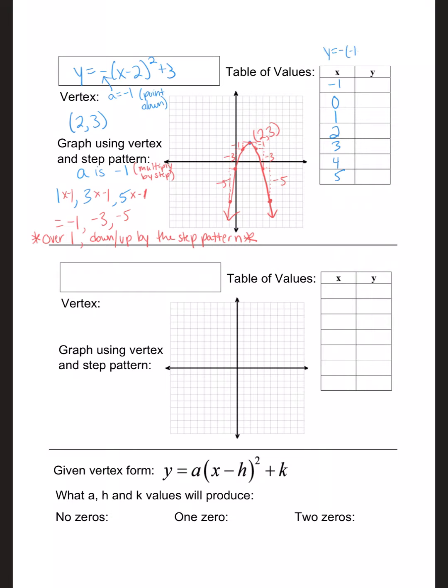So -1 minus 2 squared plus 3. Well, a -1 minus 2 is a -3. -3 squared is 9. Okay, and 9 with a minus on it plus 3 is going to be a -6. If I did that with all of my points, these are the values you should get.